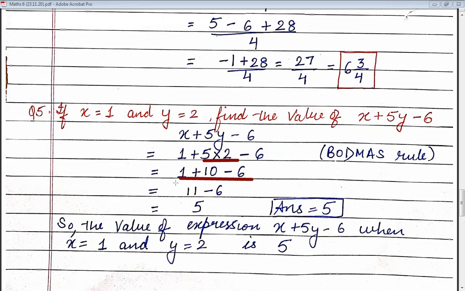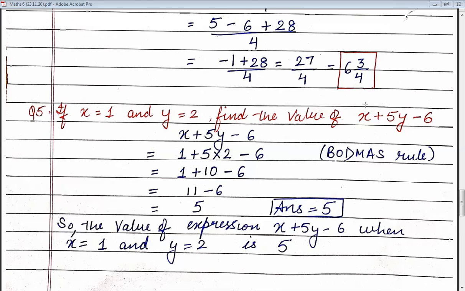Now your expression becomes 1 plus 10 minus 6. 1 plus 10, 11. 11 minus 6, 5. So your final answer is 5. What is your final answer? 5.